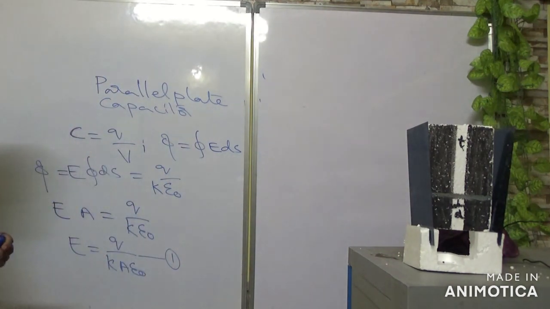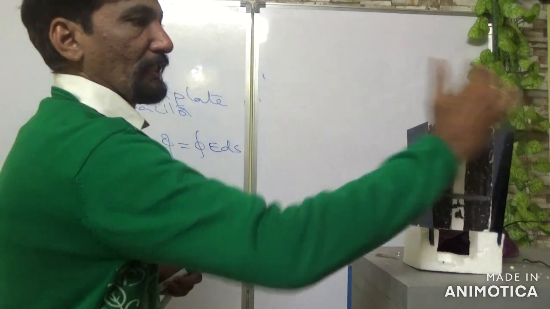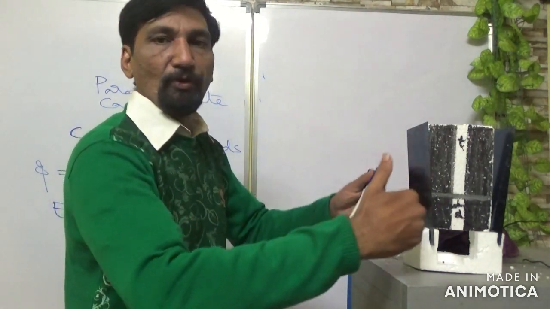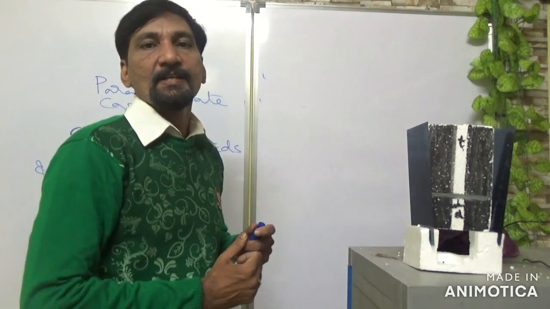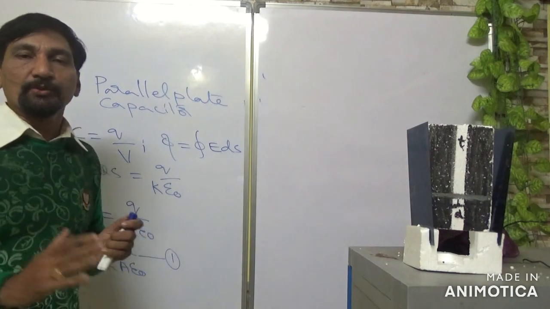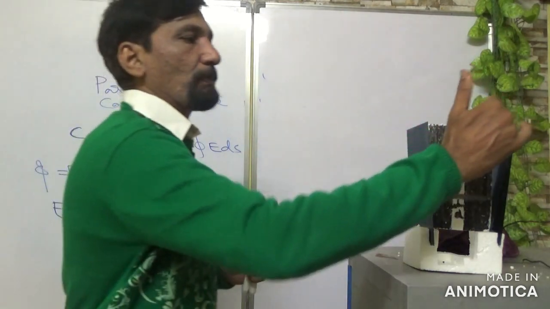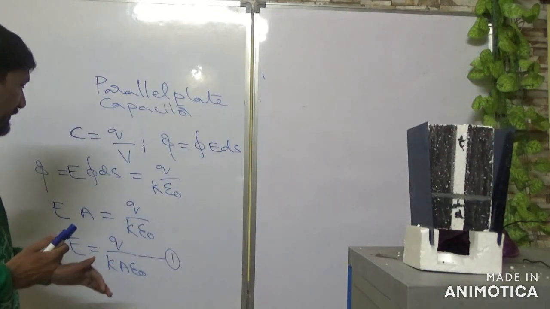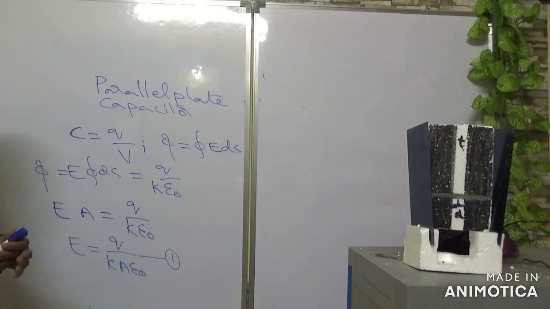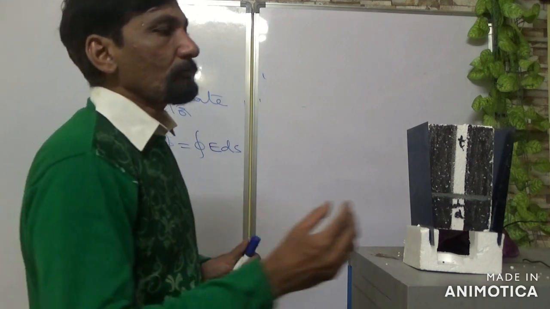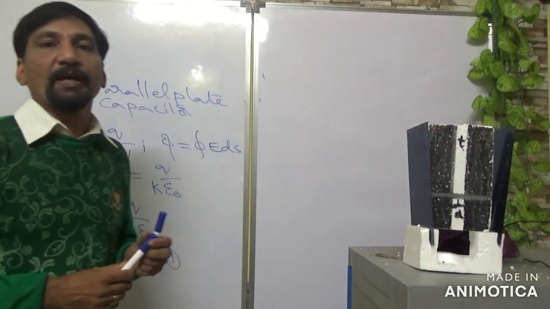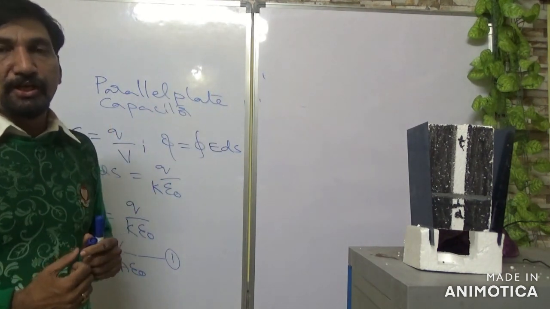You know the electric field strength is uniform, because the plates have uniform area and the given charge Q is uniformly distributed, so the electric field between the plates is uniform. Now you are introducing the dielectric partially, so the distance changes.